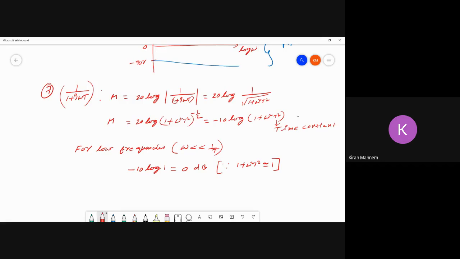So let us find out the magnitude curve for higher frequencies.